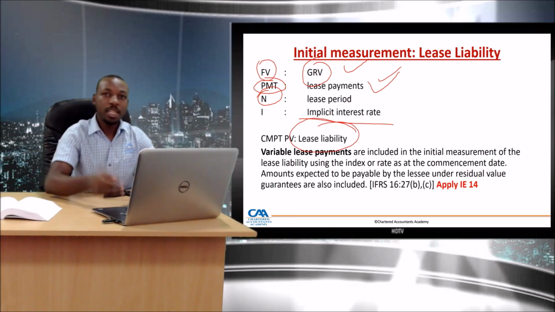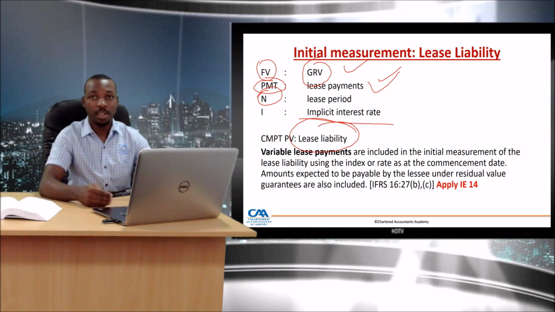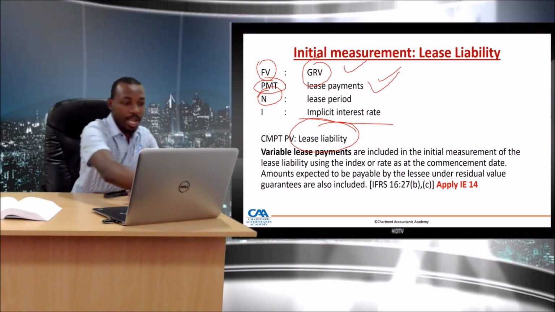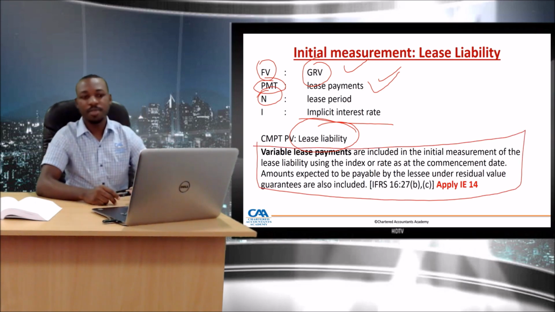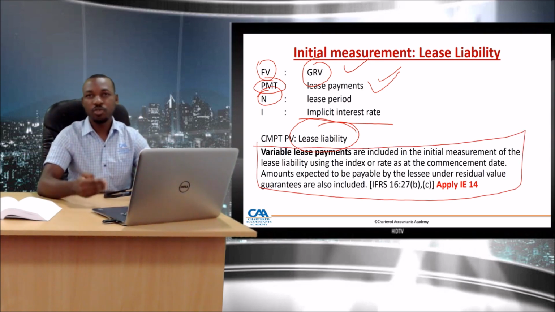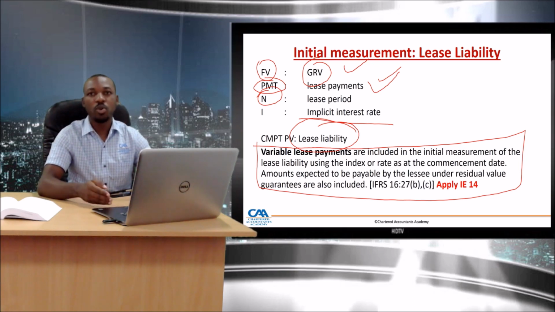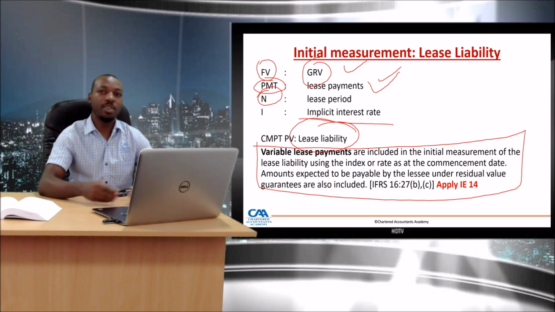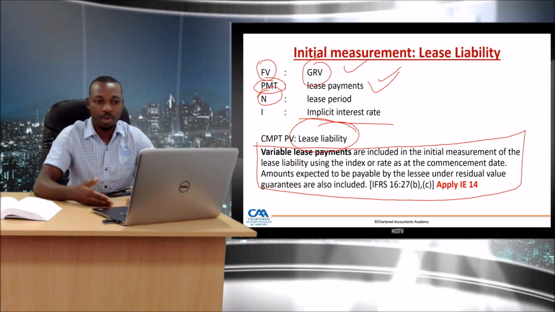Now, I need you to watch out for variability of the lease payments, because that is one area where students usually do not take a lot of time to look. So I need you to go to paragraph 27 of IFRS 16. Paragraphs 27A, B, and C cover your lease payments: A has the fixed ones, and B and C have those which are variable in nature.